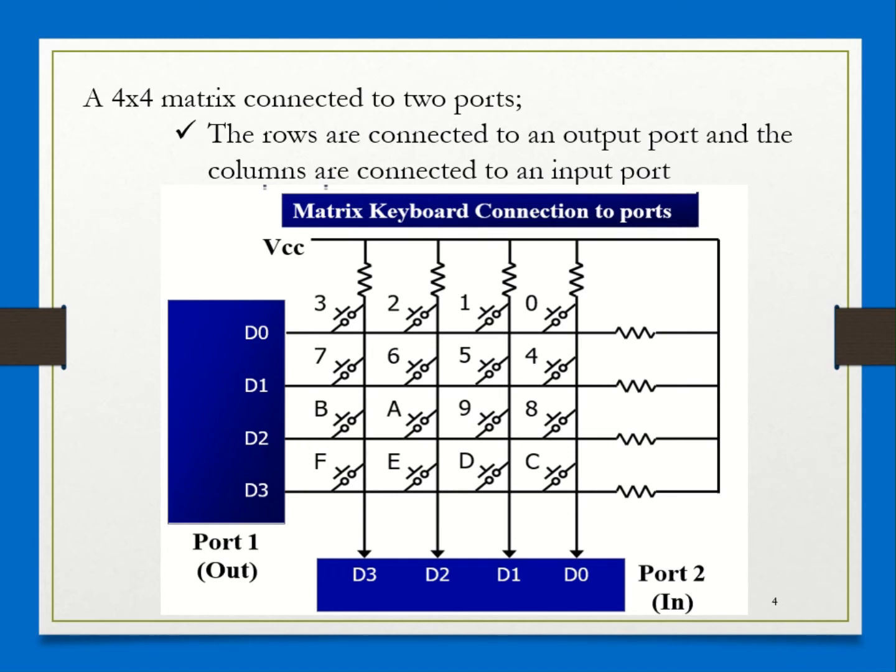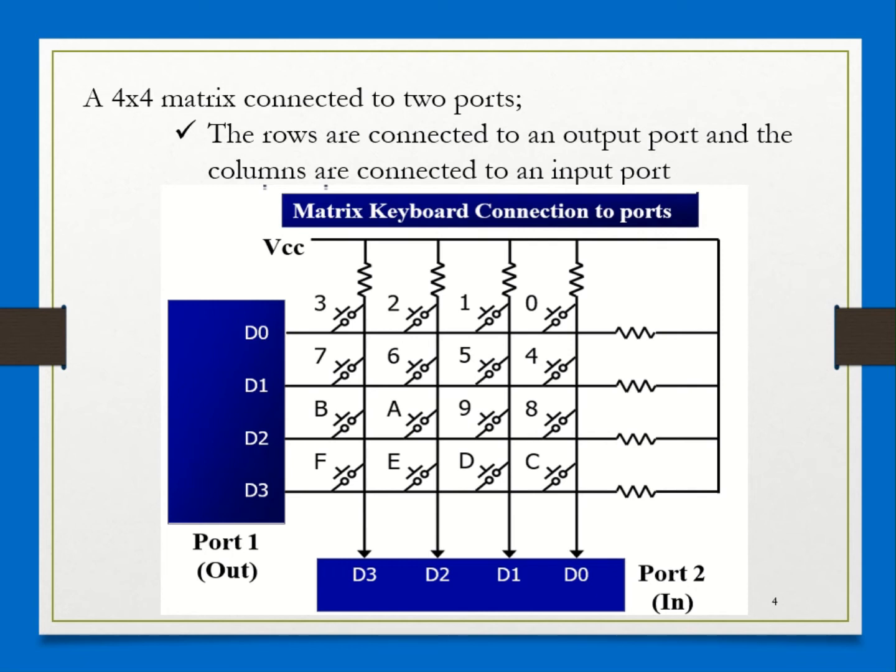Okay, in the sense that all rows will be sent with value 0. All right. Now column lines are connected to VCC. Now observe what happens. Whenever a key is pressed, that row and column will have contact.